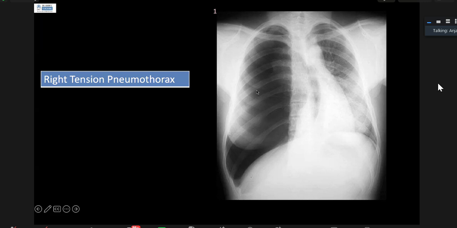This is all because of the increasing volume of air within the right side, okay? And the right lung is now compressed to such a small structure that it is just this. The compressed, collapsed right lung is just this, okay? You can see part of it here as well, right? So everything is pushed to the other side.